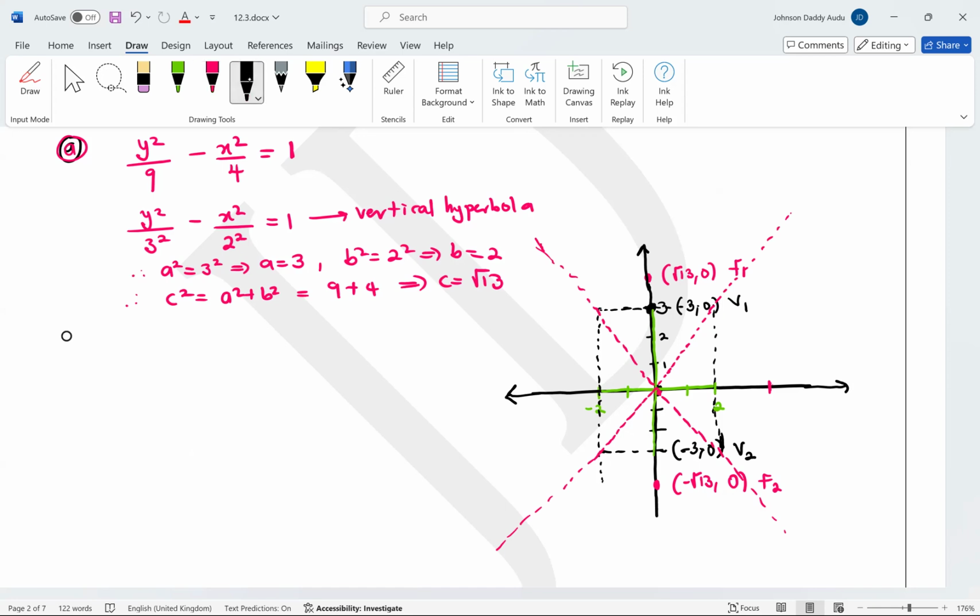So now we need to draw the hyperbolas, the curves. Now, how do we draw the curve? Remember, this is our vertex, this is our V1. So just draw a curve and let it come close to your what? Let it come close to the asymptote, right? Repeat that same here. This is our vertex. Look, we're not drawing the curve from the focus. We're drawing it from the what?